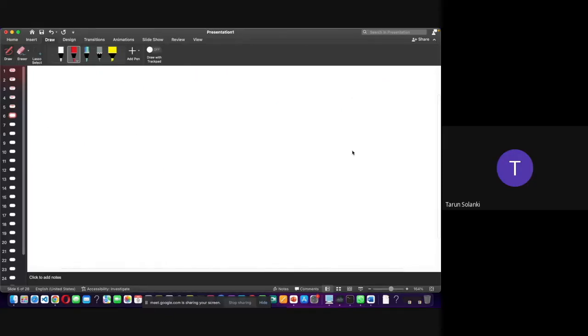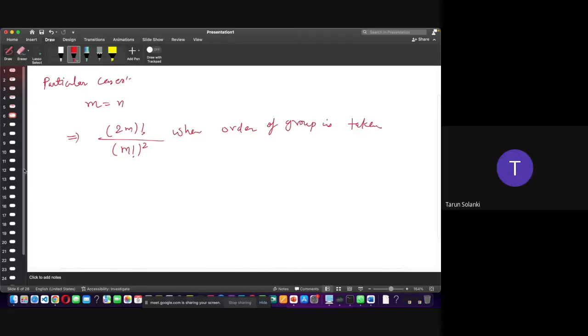There are some particular cases. Like when m is equal to n, the total number of combinations will be 2m factorial divided by (m factorial) square when order of group is taken.